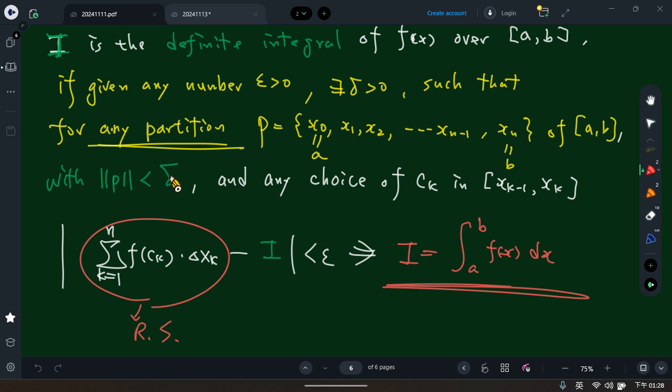So when all widths for these subintervals are less than delta, and we randomly pick ck for each subinterval, then this Riemann sum will be very close to I. No matter how you pick these points, within this constraint, you can always make this value very close to I. Then we will say I is equal to the definite integral of f(x) from A to B.